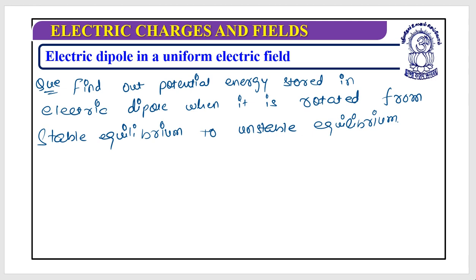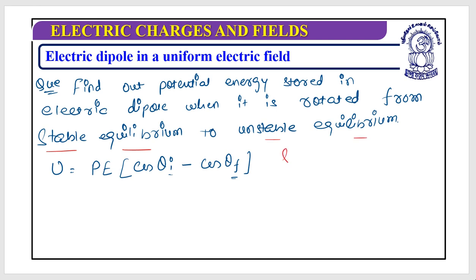Now first, what is the work done or potential energy stored? It is PE into bracket cos theta initial minus cos theta final. This is the subscript for initial, this is the subscript for final. Now you need to rotate this from stable equilibrium to unstable equilibrium.